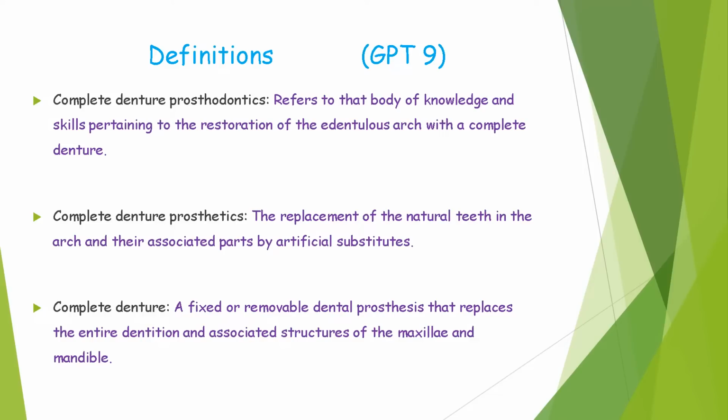And complete denture prosthetics is the replacement of the natural teeth in the arch and their associated parts by artificial substitutes. And the complete denture is a fixed or removable dental prosthesis that replaces the entire dentition and associated structures of maxilla and mandible.